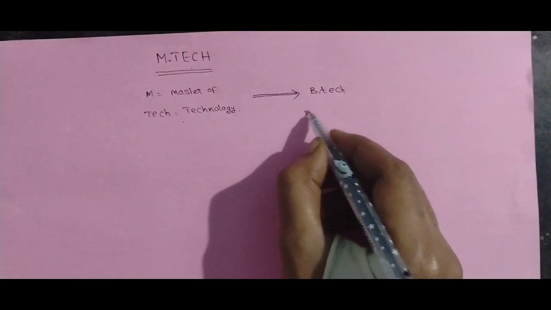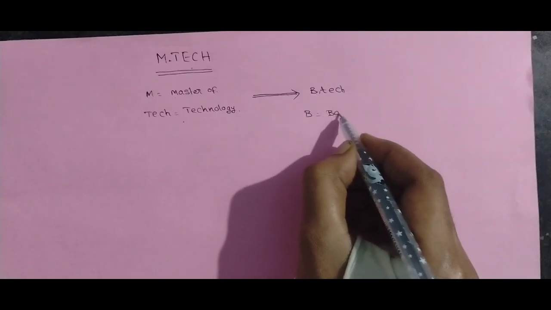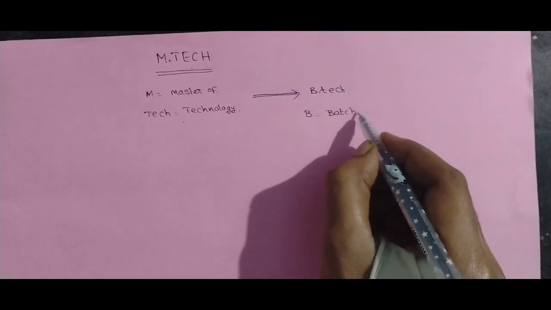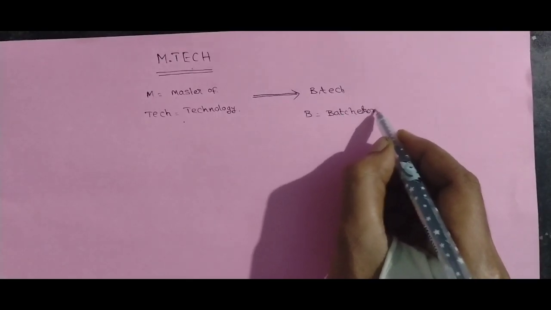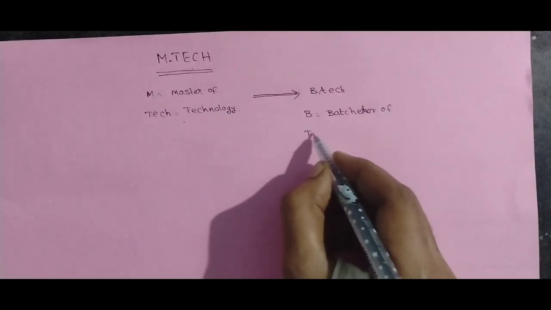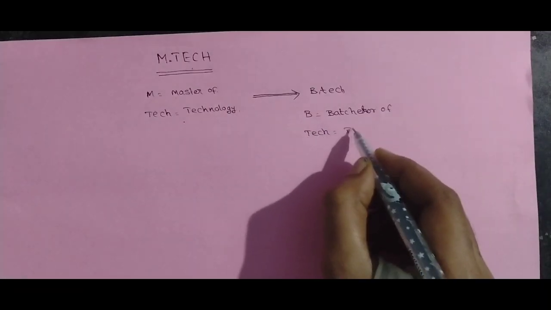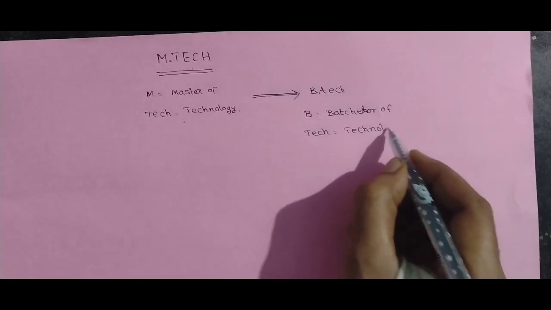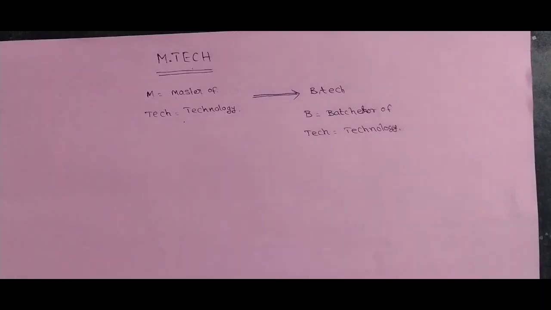Here B stands for Bachelor of, and Tech stands for Technology. B.Tech is a bachelor degree, whereas M.Tech is a master degree of technology.